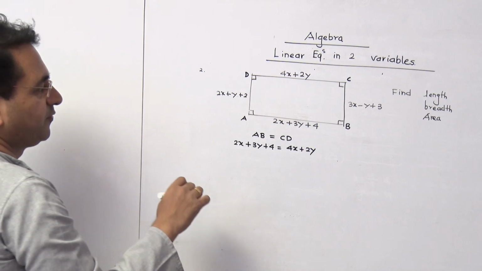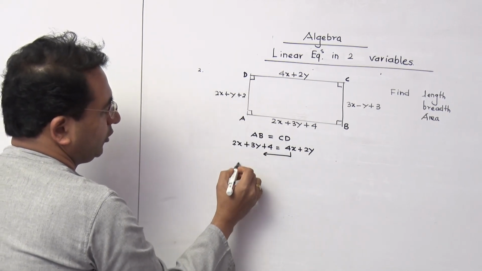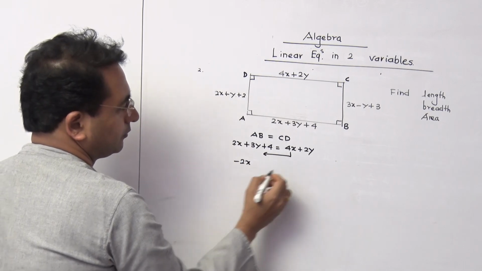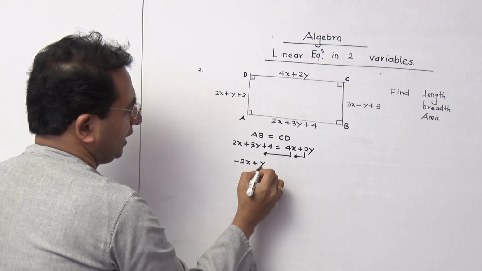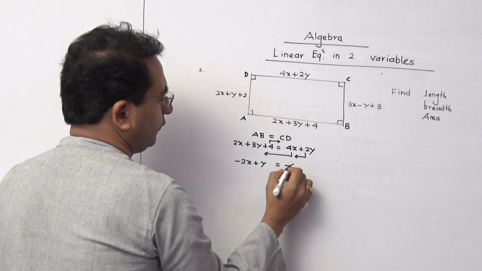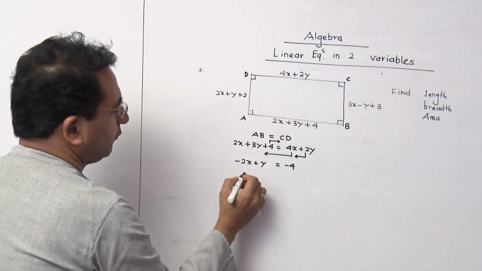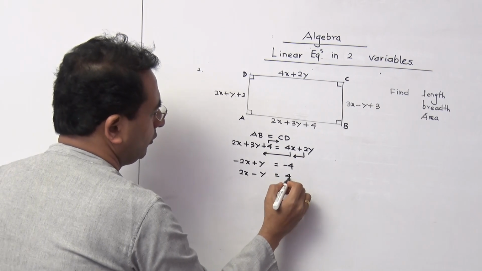Now when you transfer to the left, this equation converts. It is going to become minus 2x. If I put 2y on the left, it is 3y minus 2y means y. Then 4 I am supposed to transfer to that side, it becomes minus 4. And therefore we finally get the equation 2x minus y is equal to 4.